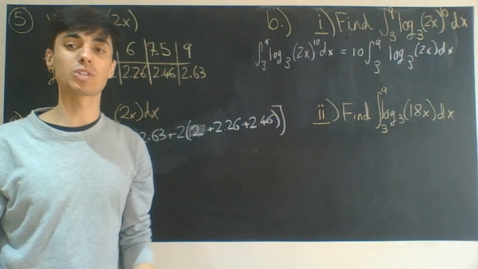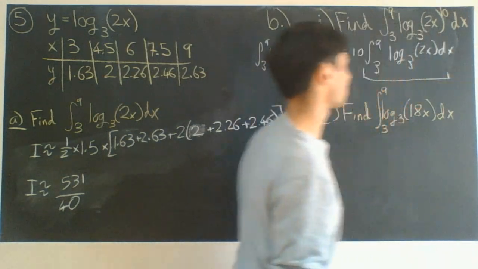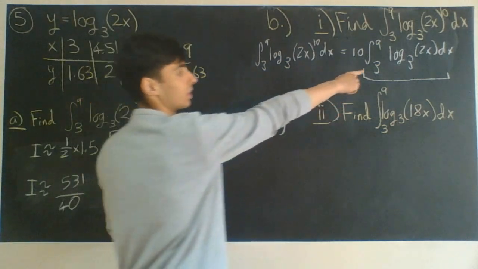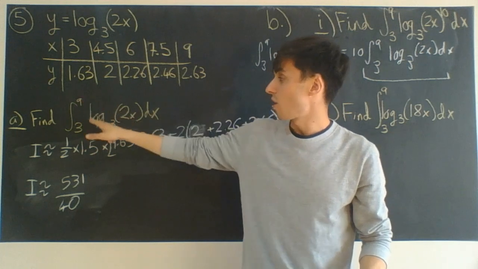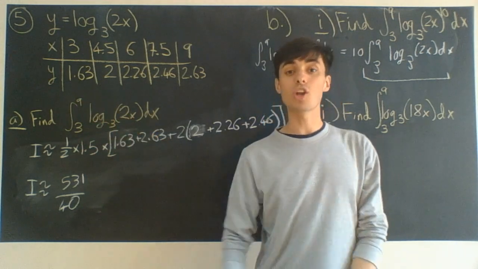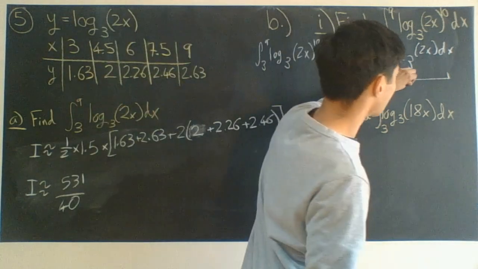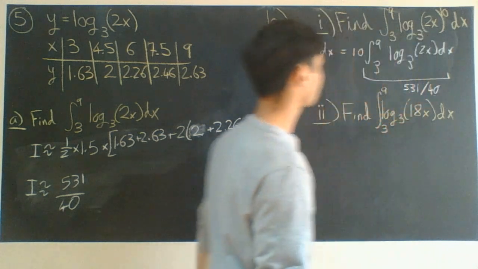What's really important that we see in this question is, we've manufactured this on purpose because we already know the value of that thing. This is what we worked out in the first part, 3 to 9 log 3 2x dx, and we know it's 531 over 40. So we can write that in there, 531 over 40.